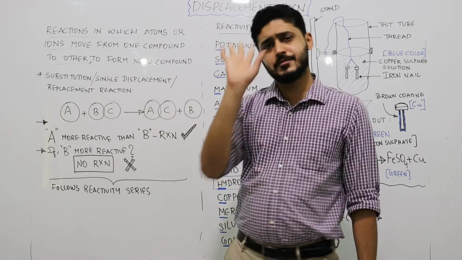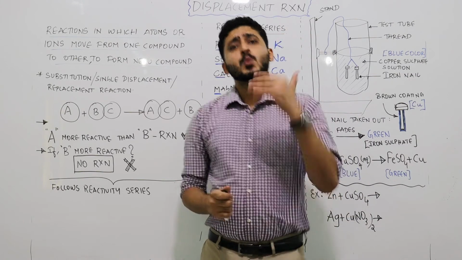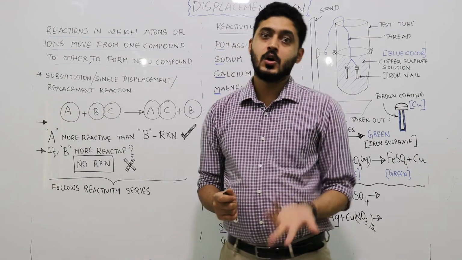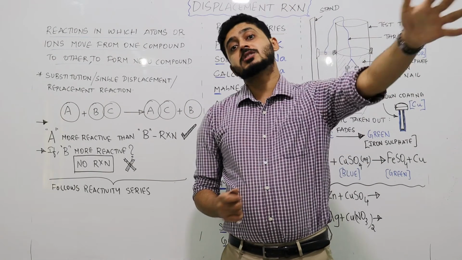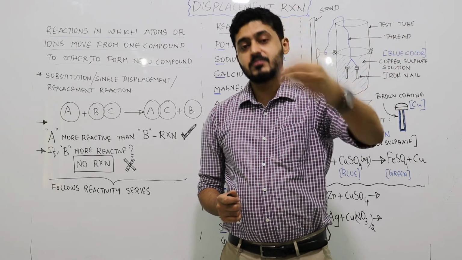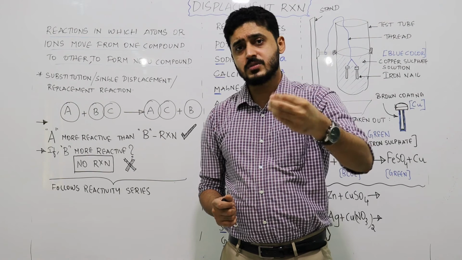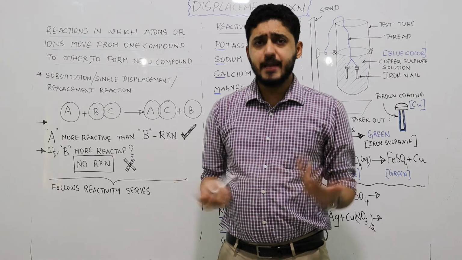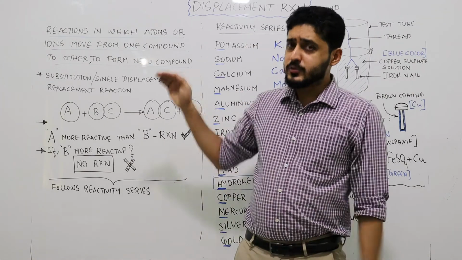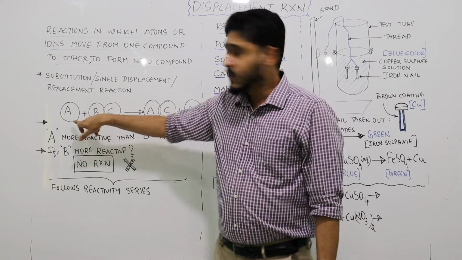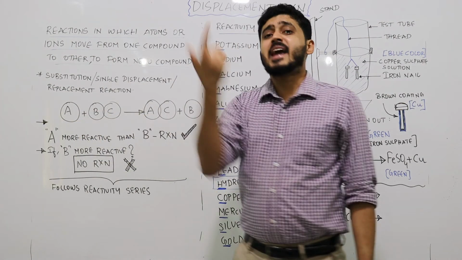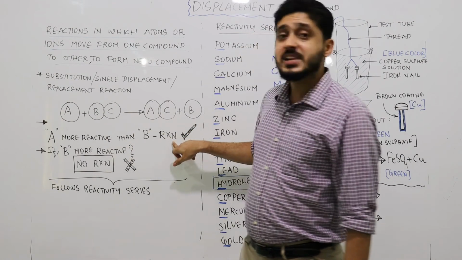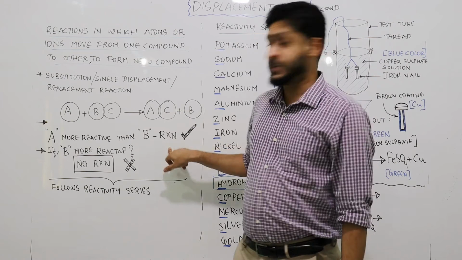Now, the question is, will A displace B from BC? Do all ions and atoms, which is A, displace B? When does it happen? For that, you have to learn in detail. If A is more reactive than B, the reaction or displacement takes place.